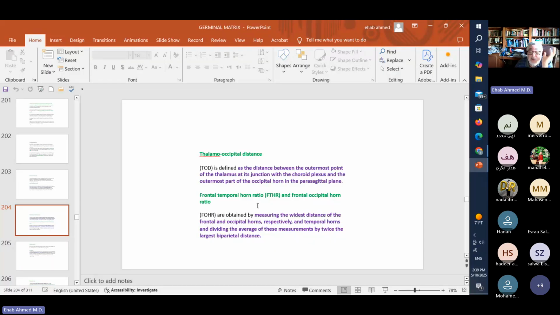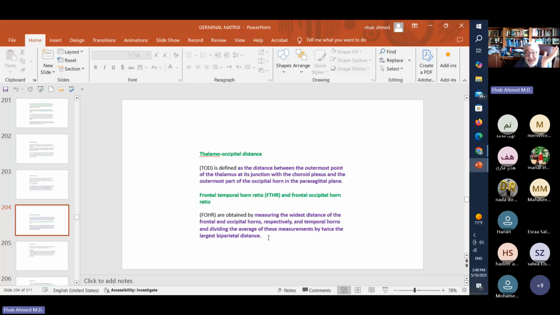And there is also the frontotemporal horn ratio and the frontal occipital horn ratio. Do you do that? No. Okay, it's measuring the widest distance of the frontal and occipital horns, respectively, and the temporal horns, and dividing the average of these measurements by twice the largest biparietal distance.